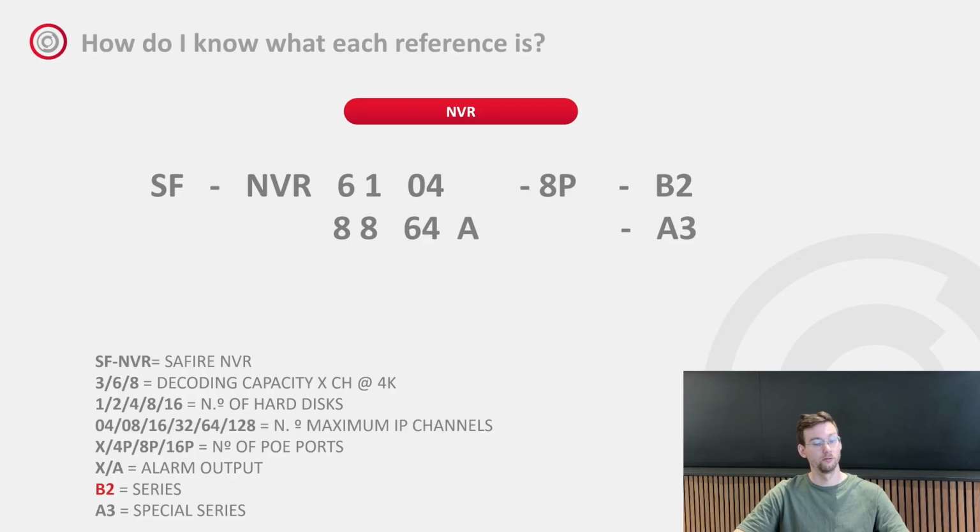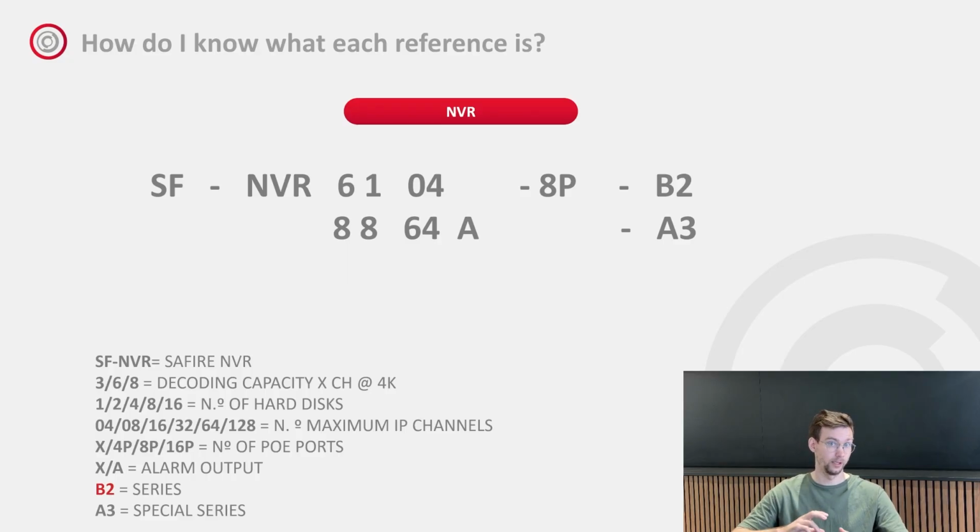What is also really important to know is how many hard disks you can fit in your NVR, which the third row of letters tells you. And the fourth row of letters is the maximal channels of IP cameras you can add, which goes from 4 all the way up to 128, even though we now also have a server in our catalog, but we're going to see that on the next slide.